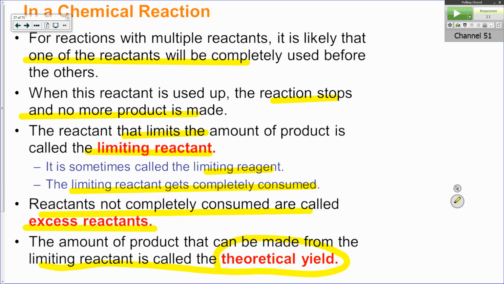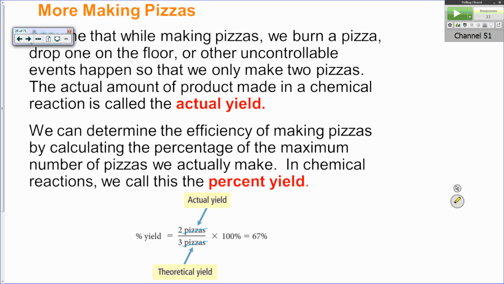All right. So going back to our relationship to pizzas, if we drop one on the floor, or you spill some before it gets in the beaker when you're doing a chemical reaction, maybe we only got 2 pizzas out of the oven to put on the table.